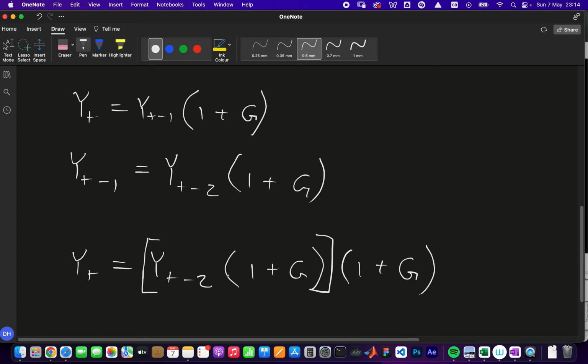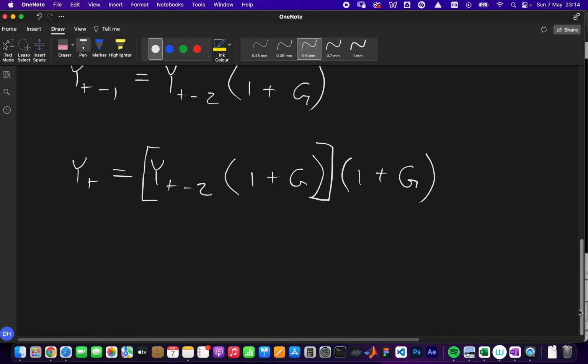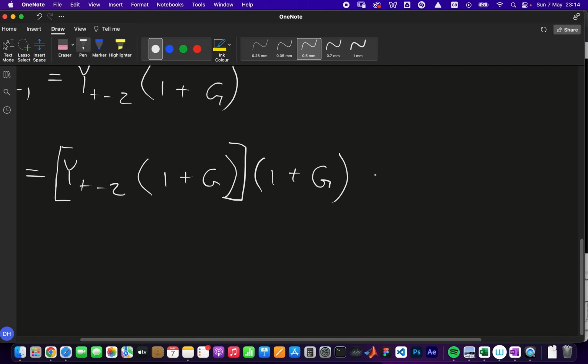So this stuff inside the square brackets here is just yt minus 1. And so you can see that that is equal to yt minus 2 times 1 plus g squared.